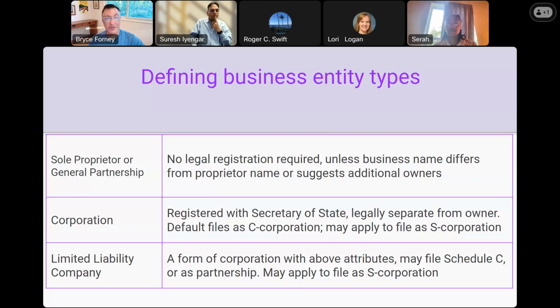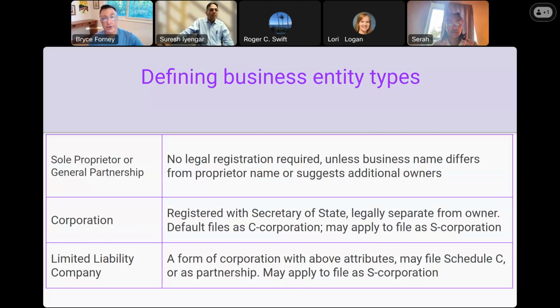It's a bit of an exercise, but of course e-filing is important. So that's the base default. If you do nothing, you're going to be a sole proprietor if you're a single owner, or a general partnership if there is more than one owner.